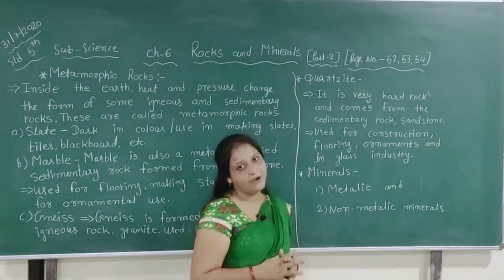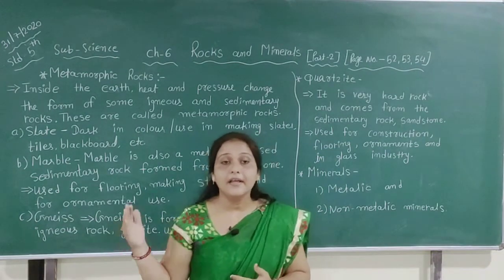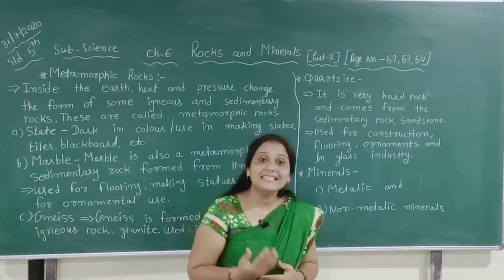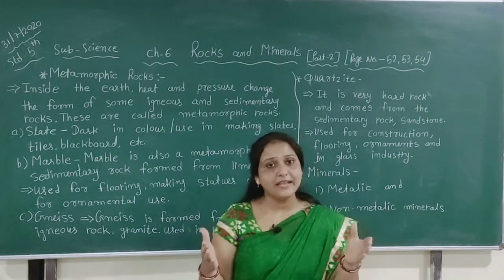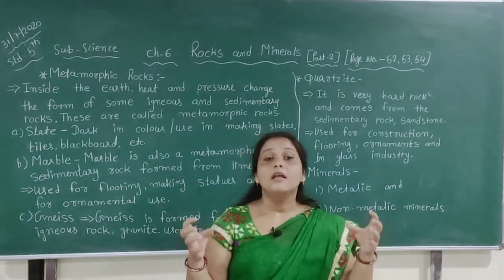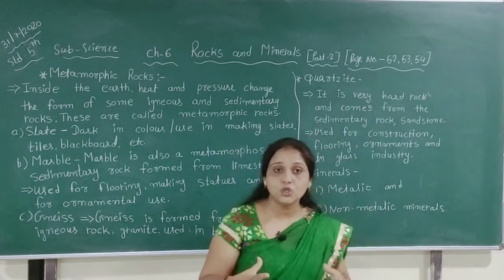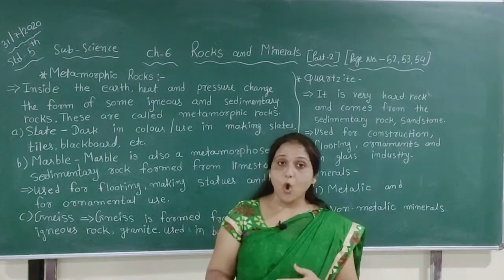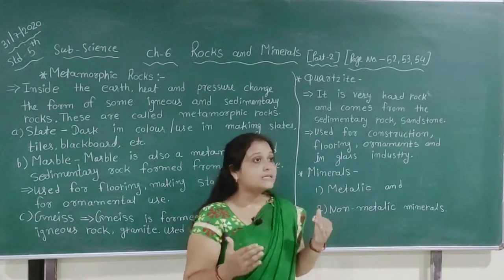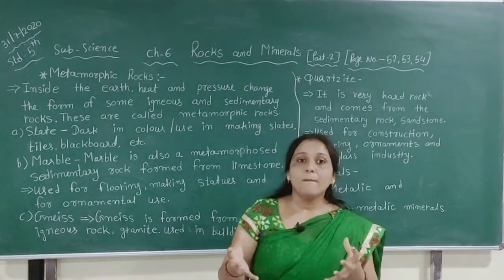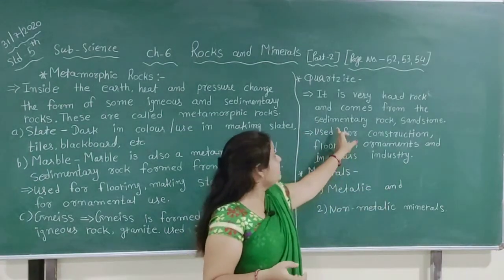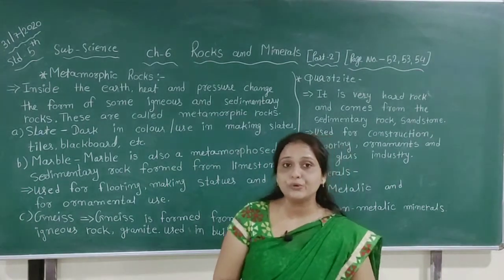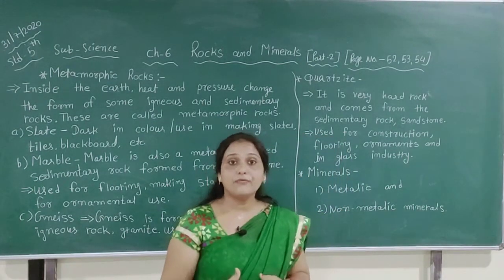It is a very hard rock, harder compared to other rocks. It comes from sedimentary rocks, meaning tiny particles of sand that come together to make stones. Quartzite is very hard because it is made from sandstone and used for construction and flooring.